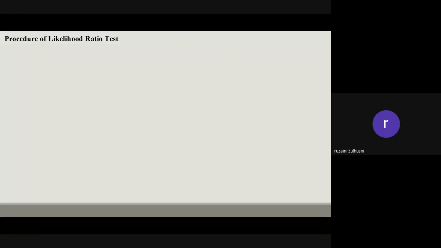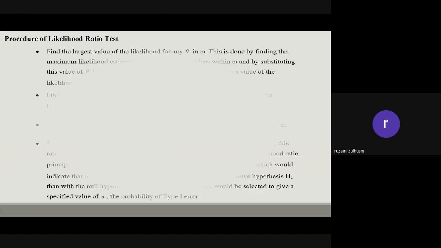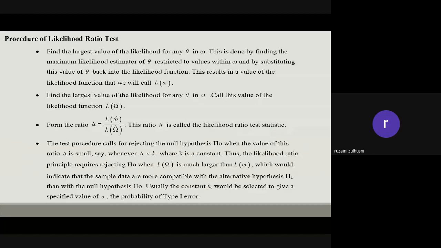Okay, so that is the properties. Now we look at the procedure, how you want to construct the likelihood ratio statistic. Procedure of likelihood ratio test. First, we find the largest value of the likelihood for any theta in small omega, meaning the largest value of the likelihood under your null hypothesis. This is done by finding the maximum likelihood estimator.